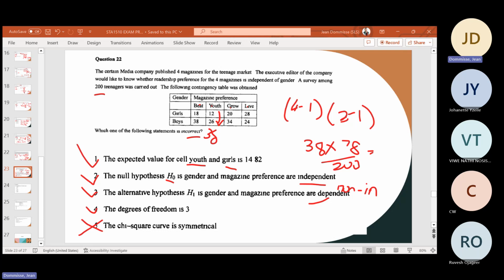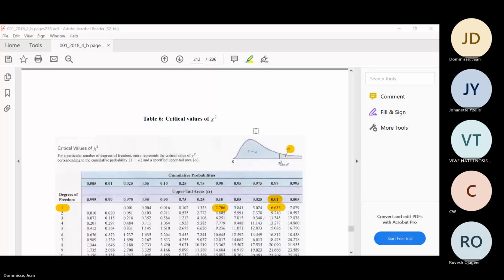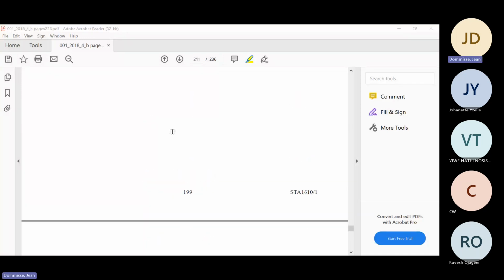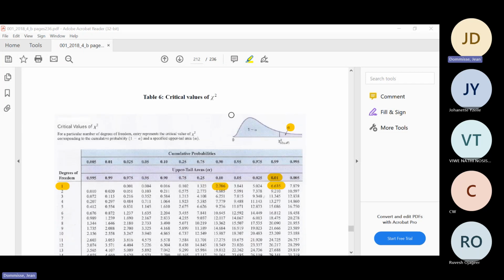So chi-square, oh, sorry, I didn't now share the screen with you. Let me quickly share the screen so that one can just clearly see it in the document. So under chapter 10, where we have the table of chi-square, you can there clearly see with this that the distribution is not symmetrical.